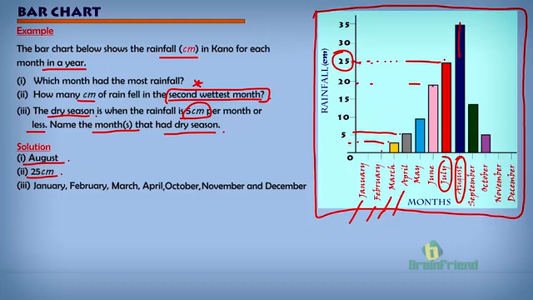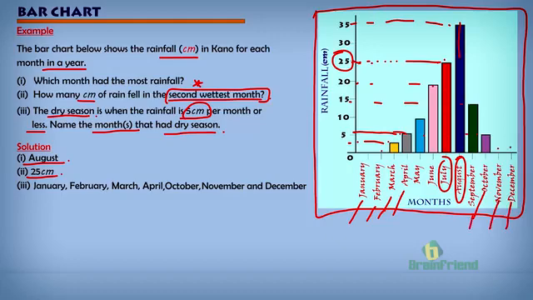July has 25, does not qualify. August, of course, has the most rainfall, doesn't qualify. September has 15, it doesn't qualify either. October has exactly 5 centimeters of rainfall and therefore qualifies. November has no rainfall, qualifies, and December also has no rainfall.